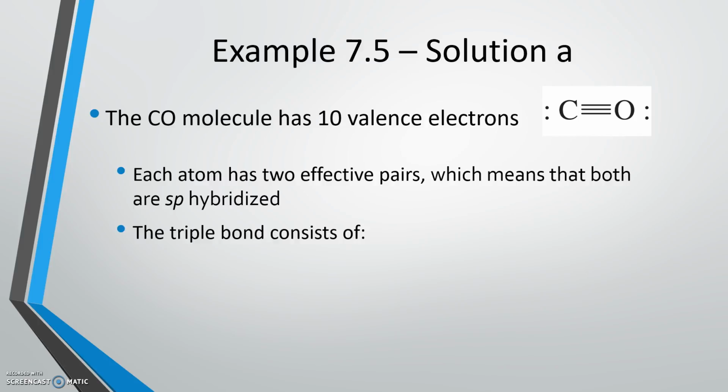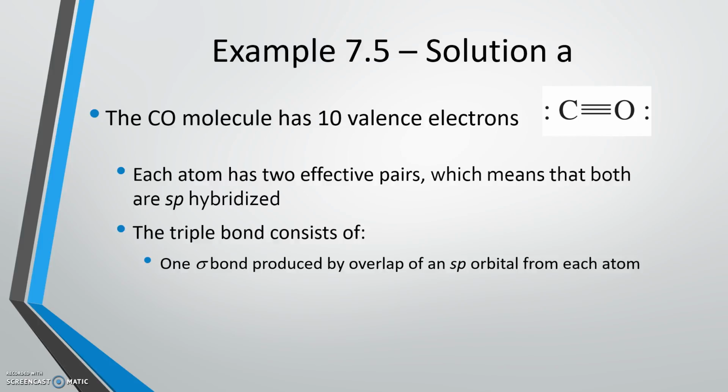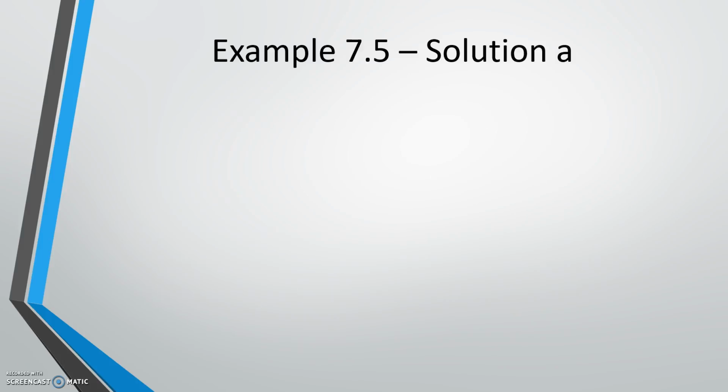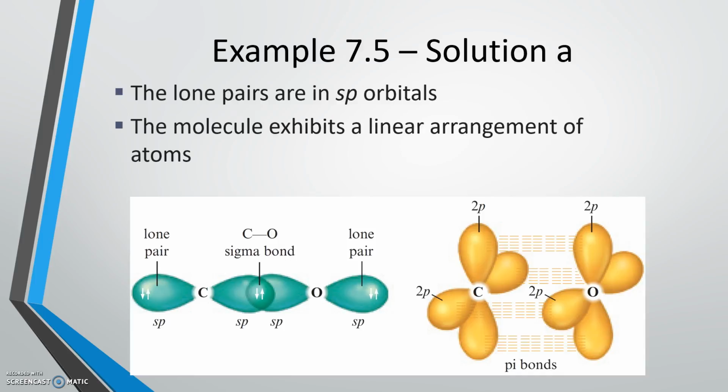That triple bond is going to be produced by the sigma bond that is made by the overlap of an sp orbital from each atom, and then the 2 pi bonds that are produced by the extra 2p orbitals for each atom. This may be a little bit more clear if we look at a diagram. Again, the lone pairs are in the other sp orbitals, so you can see 2 sp orbitals.